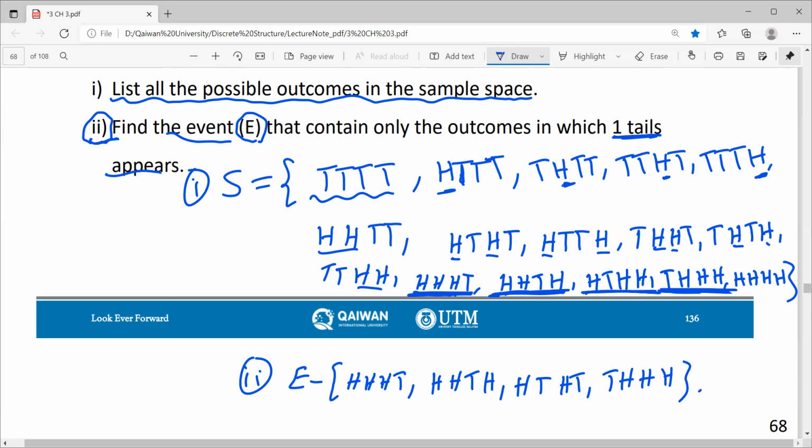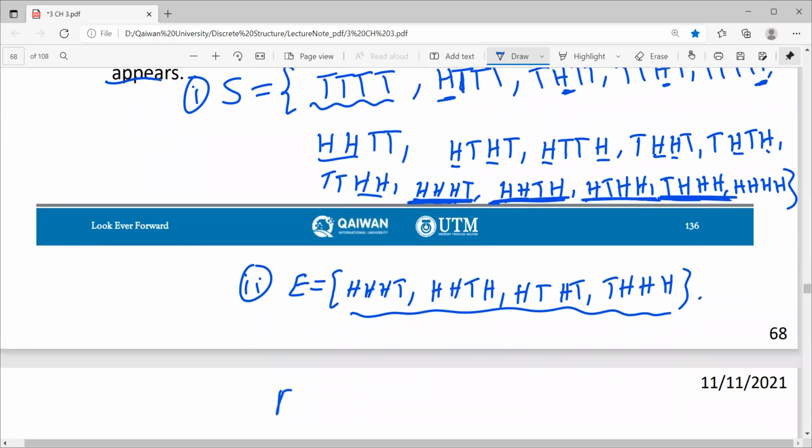So if it says what's the probability of E if we have only one tail? Here we have four possible outcomes for E. The probability of E equals the cardinality of E divided by the cardinality of S. So what's the cardinality of E?